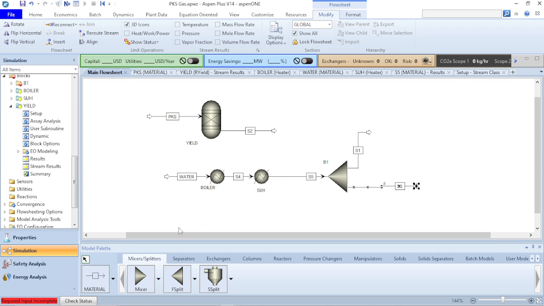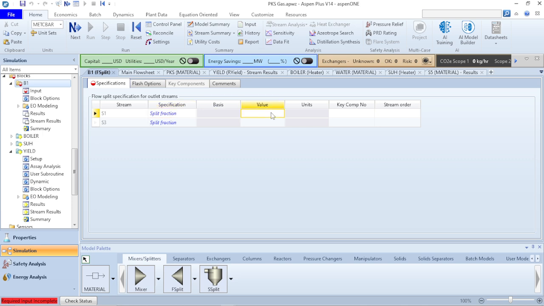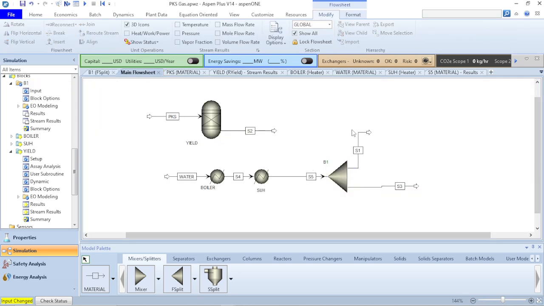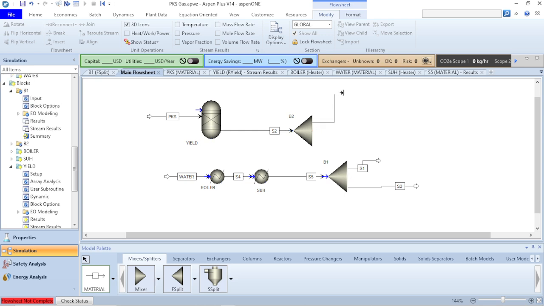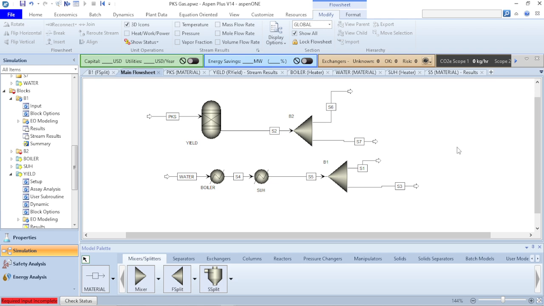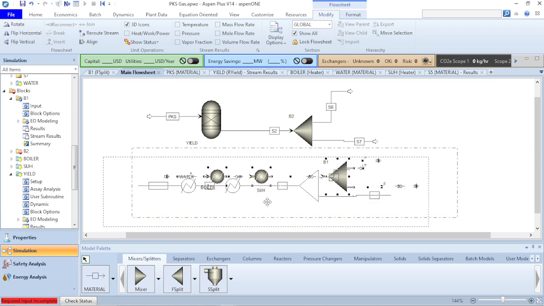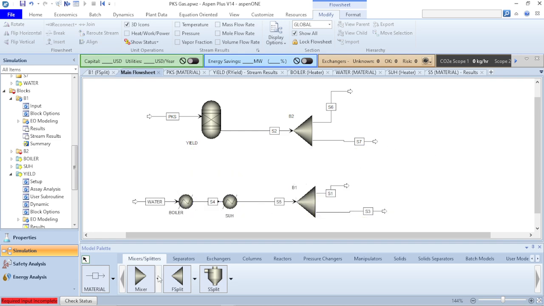So to do this, let's just split them into equal halves. Also, we're going to be splitting this.